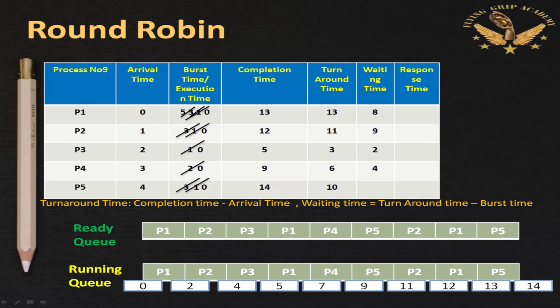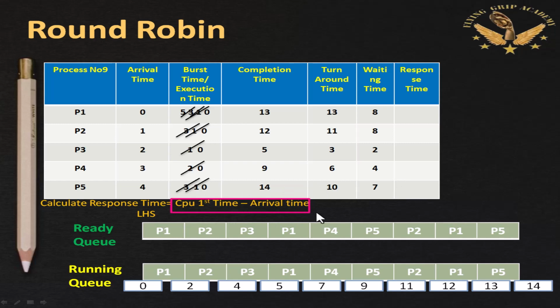Next we need to calculate the response time. Response time is the time the CPU first arrived minus arrival time. We are calculating the left hand side values. P1 has arrived at time 0, P2 at time 2, P3 at time 4, P4 at time 7, and P5 at time 9. Then minus arrival time. So 0 minus 0 which is 0.